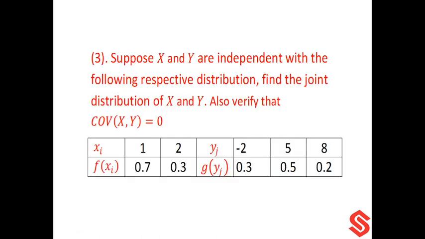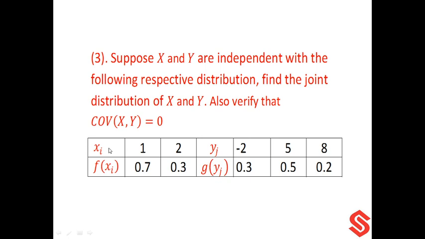Next, third problem. Suppose x and y are independent random variables with the following respective distributions. Find the joint distribution of x and y. Also verify covariance of x comma y is equal to 0.